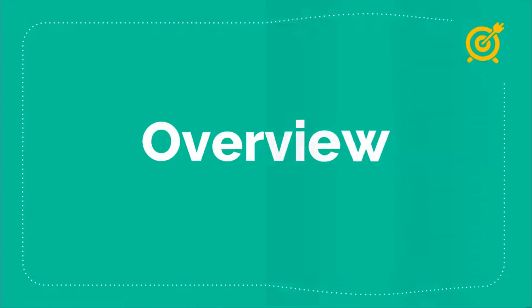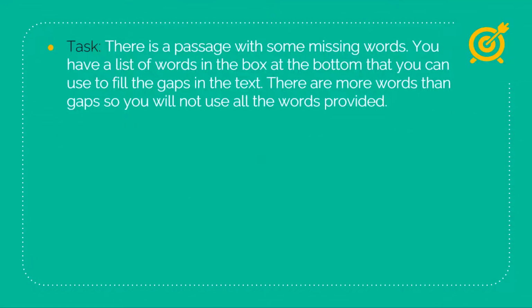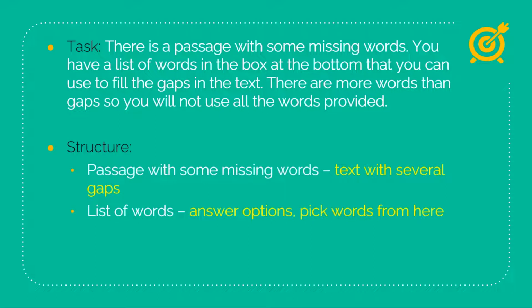Overview. In the PTE reading fill in the blanks questions, a text appears on the screen with several blanks. A list of words is given at the bottom of the screen, and you need to drag and drop those words in the appropriate blank spaces. Remember, there will be more words than the number of blanks, so not all the word options given will be used.